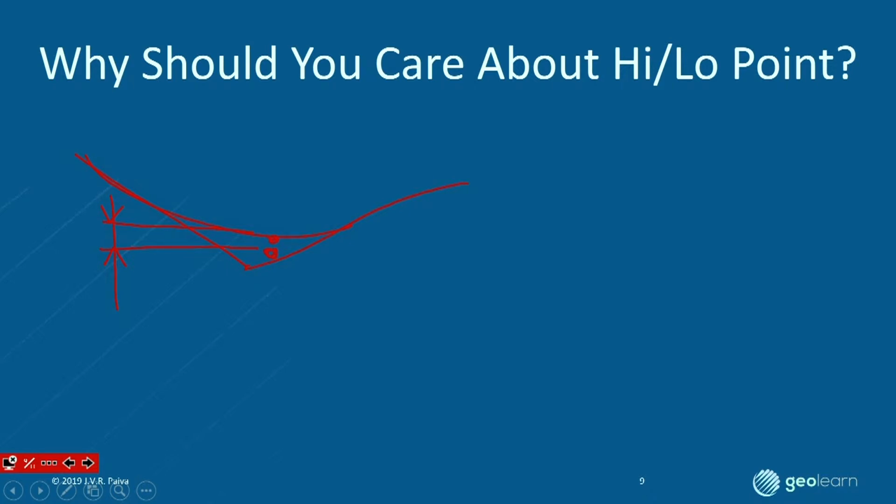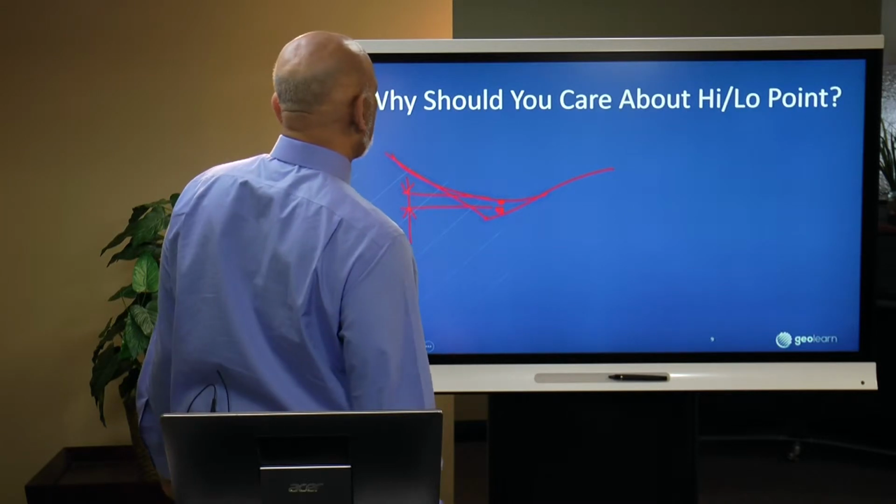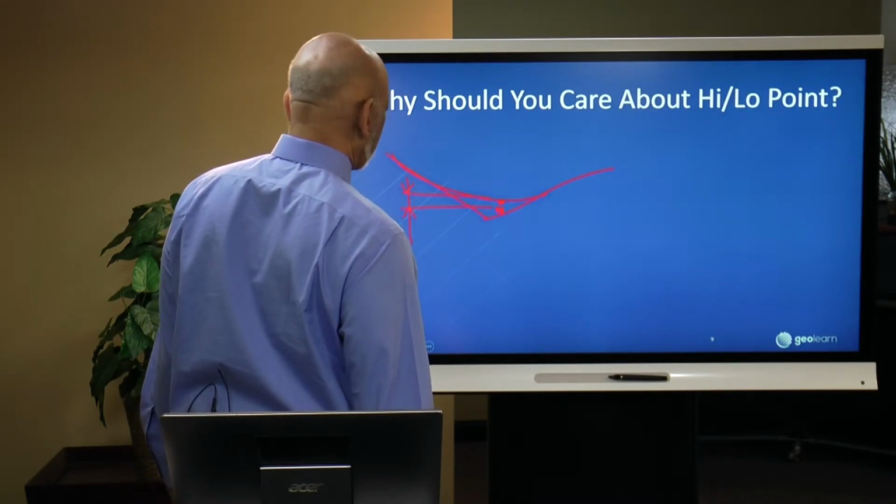So very often, as part of the design process, this is not directly a surveying problem, but as part of the design process, an engineer would locate a pipe that goes underneath the low point at a certain distance below the driving surface.